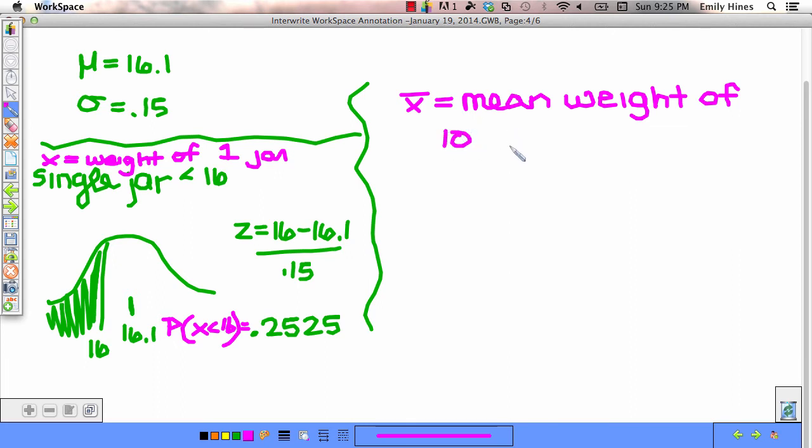Well, one, I need to do it much like a sampling distribution, because I'm no longer saying how likely this jar is to differ from other jars. How is this mean likely to differ from all the other means? So I need my new mean. And I know it's going to be equivalent to the original mean, the population mean.